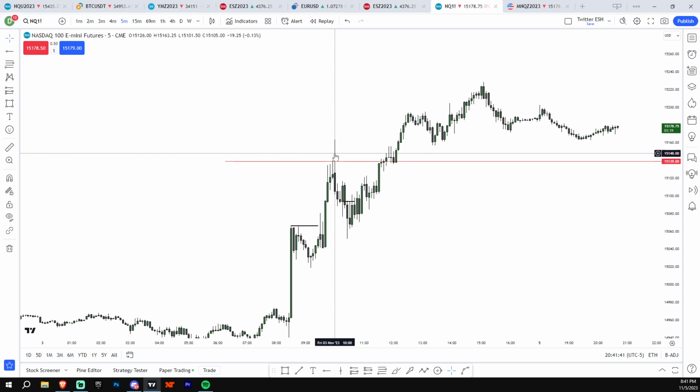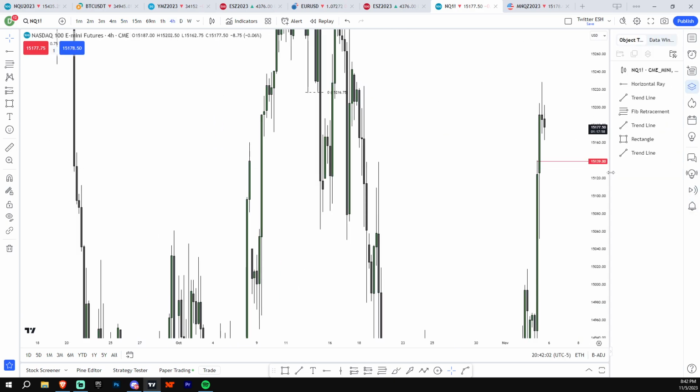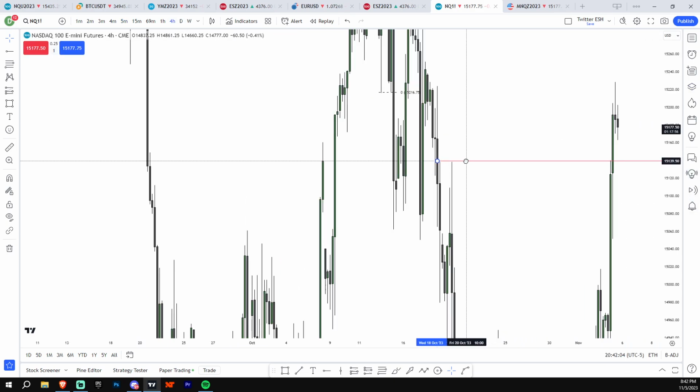That's just my target. I'm done. And then I wait till we get more equal highs, more equal lows, more obvious draw, more obvious structure, whatever it may be. Yeah, so the 4 hour, they're sitting right here. They're perfect.